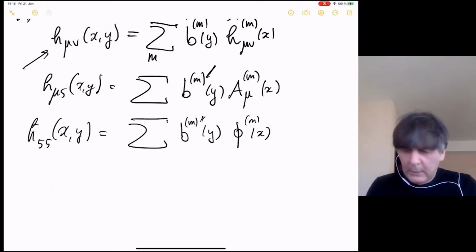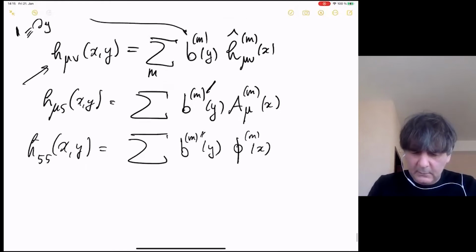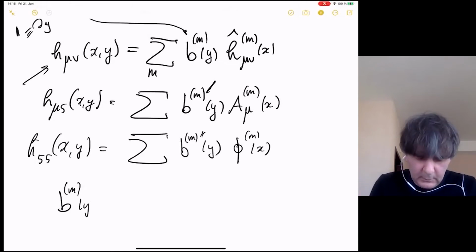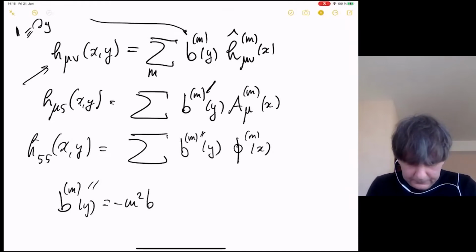Now, the B functions form a complete set, and they satisfy the oscillatory equations.